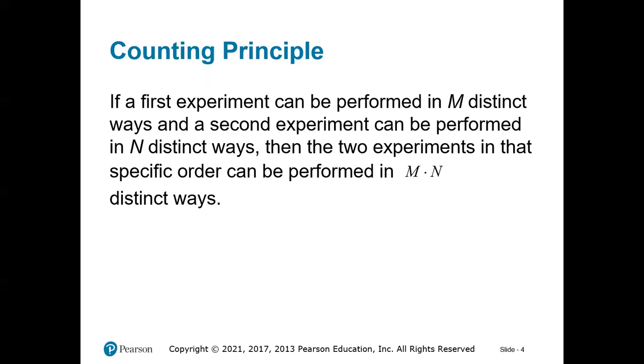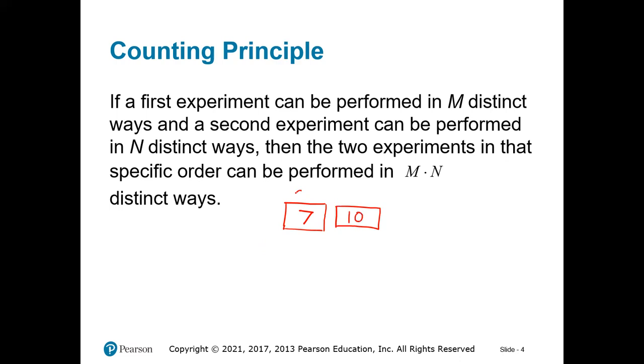Let me give you a very easy example. Suppose the first experiment, or the first task, as you can call it, is this: let's say you have 7 cars, and the first task is to drive your car and then go to a shopping mall, and let's say we have 10 shopping malls.